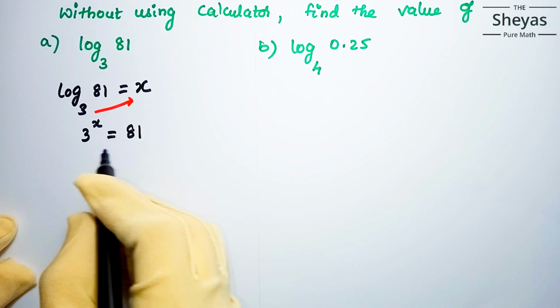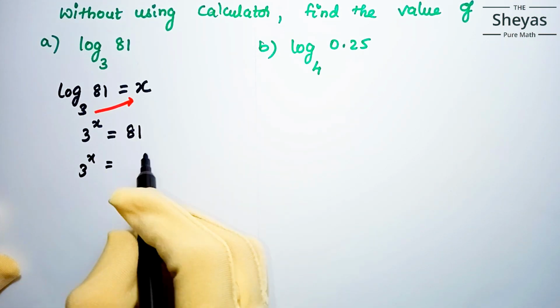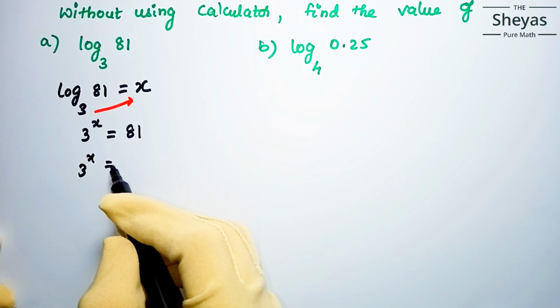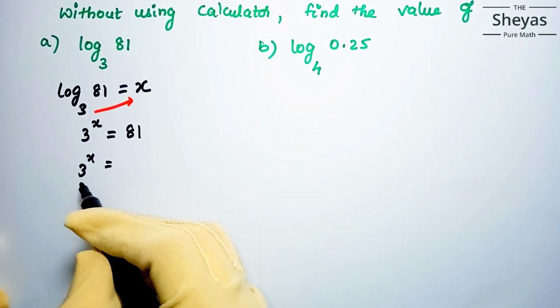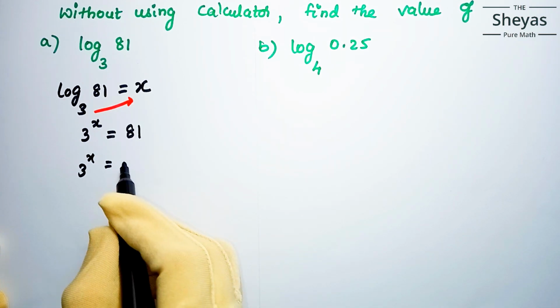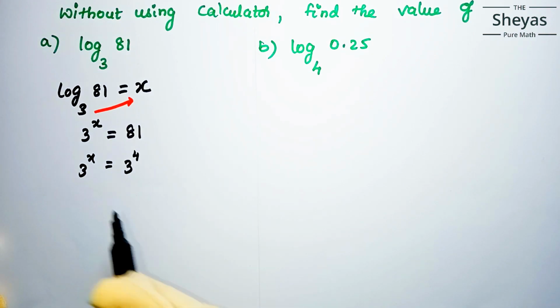Now you got 3 power x is equal to 81. So write 3 power x, and this 81 you can write in terms of 3. How can you write 81 in terms of 3? I can write this as 3 power 4. 3 power 4 is 81.